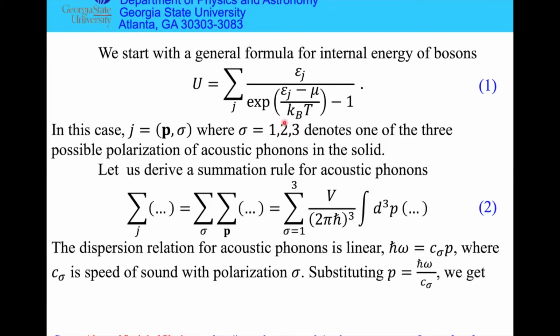The other two polarizations correspond to displacements in the normal direction with respect to the direction of propagation. These are so-called transverse phonons. If you think about displacement normal to propagation, such displacements do not create modulation of density. They create distortion of the unit cell of the crystal.